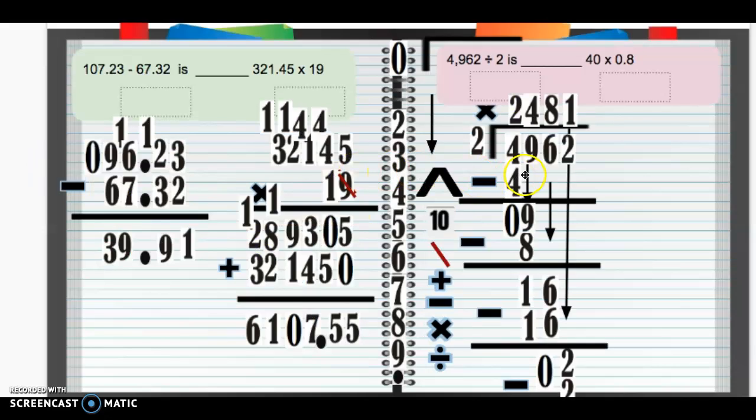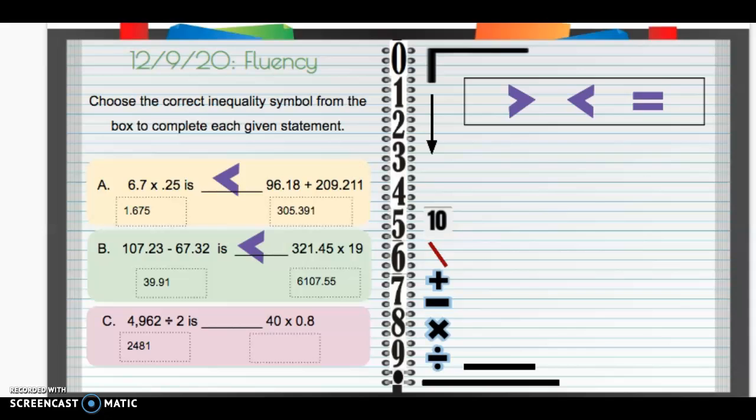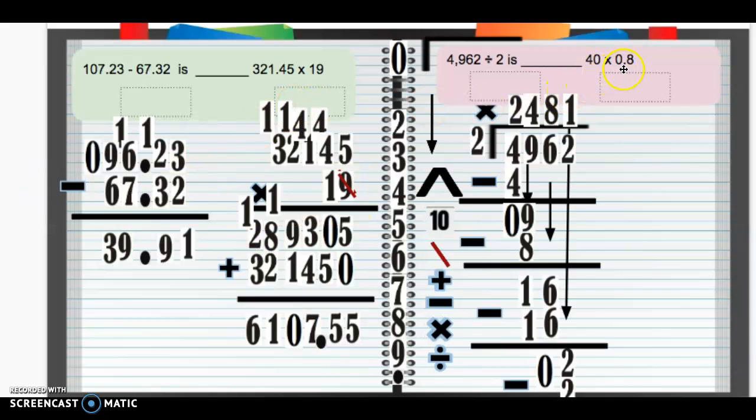And now I have to complete that multiplication problem. Now I got to complete 40 times 0.8. Now the fun fact of when you have a decimal point and there's a 0 in front of it with no other number, all that's saying is 40 times 0.8. So we write it without the decimal point. So it's like 40 times 8.